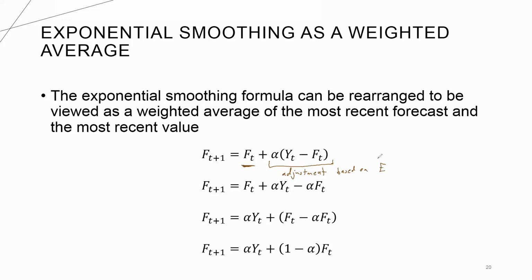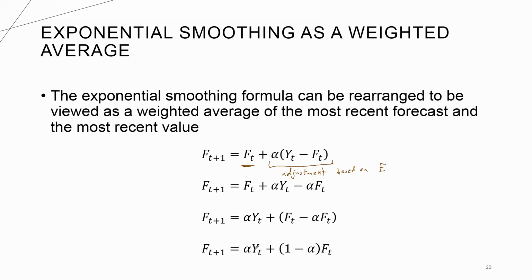The y minus the f is the error, right? If the error was positive, in other words, if the actual value was higher than our forecast, then we're going to adjust things upwards. We're going to adjust our forecast upwards. And if the error was negative, if the actual value was lower than our forecast, then we're going to adjust our forecast downwards. That's one way to think of exponential smoothing.